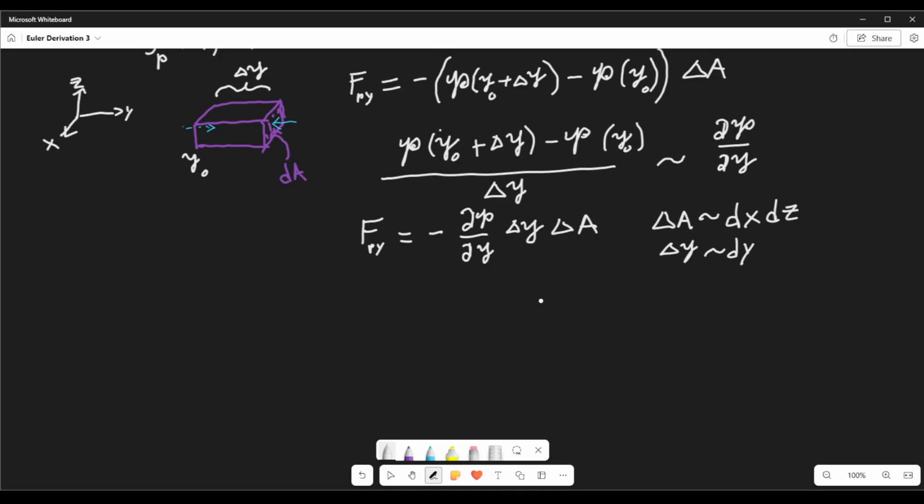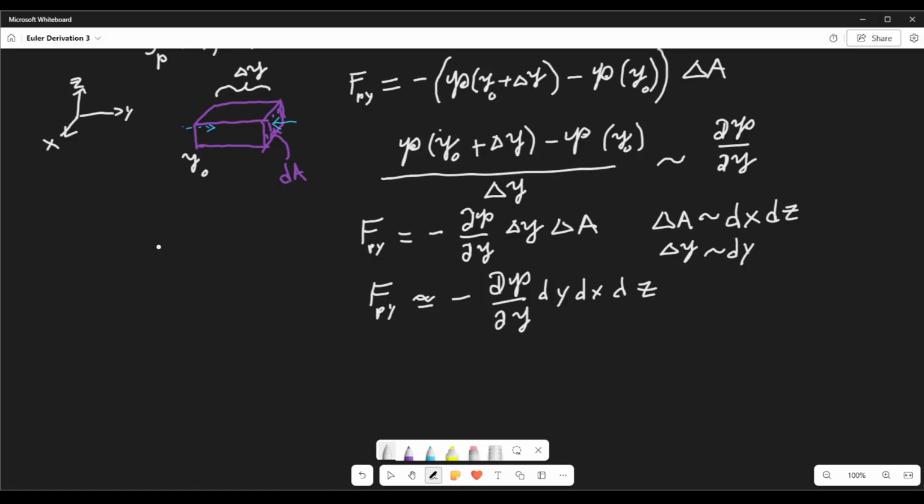So what this ultimately looks like basically equals, or goes kind of like, the partial derivative of pressure with respect to y times dy dx dz, which of course is basically the volume element.